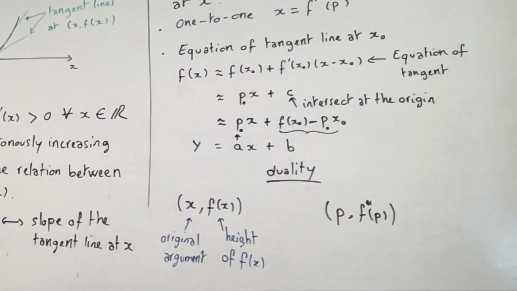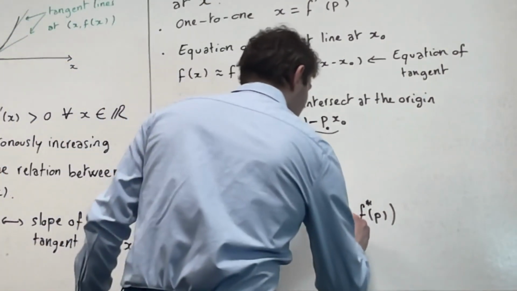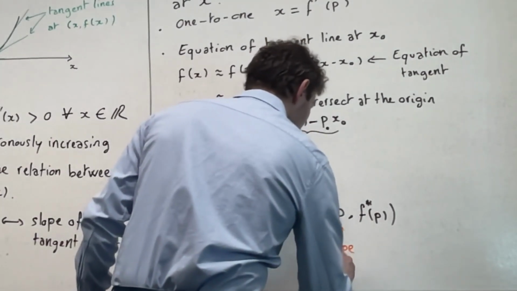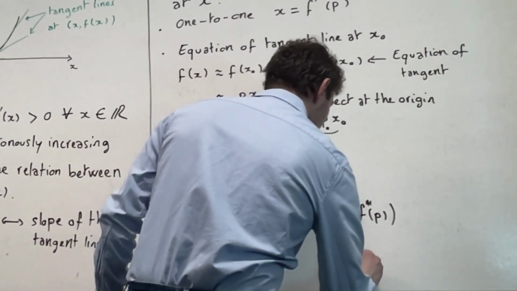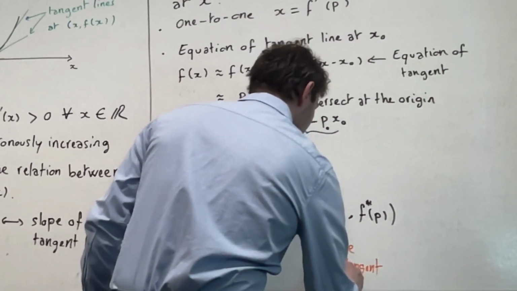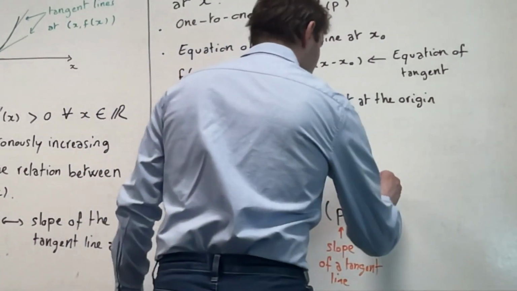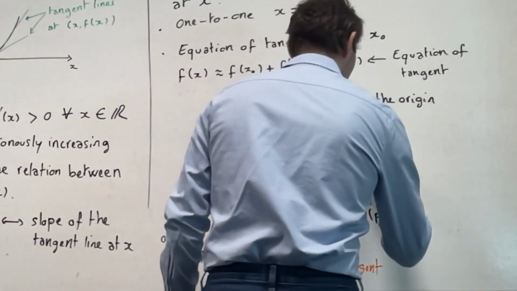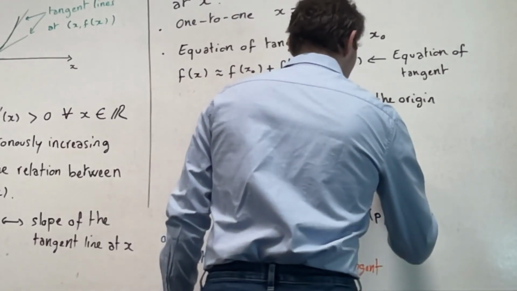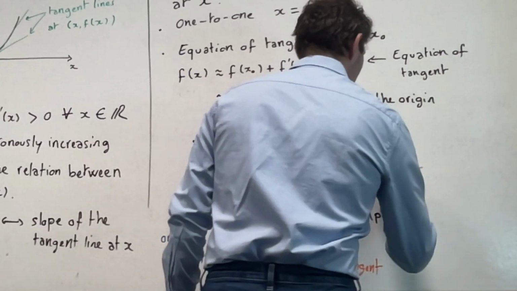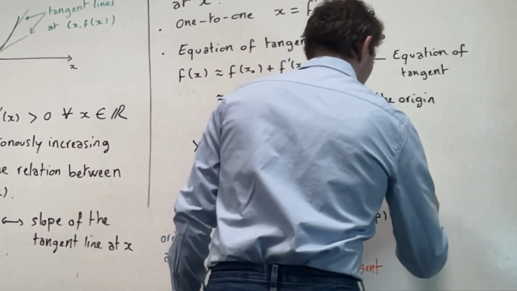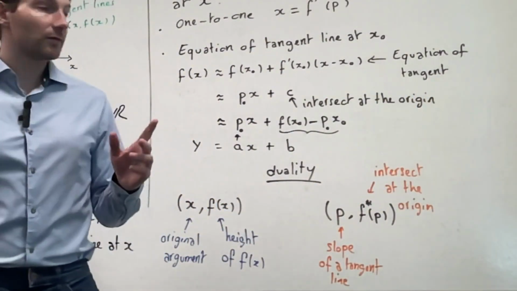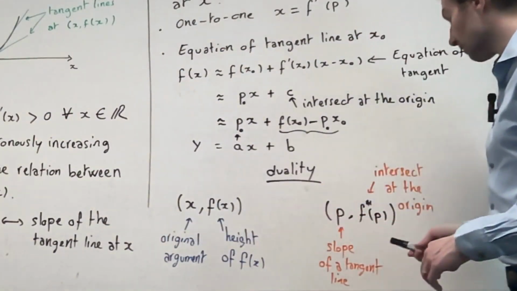And then basically this here is a slope of a tangent line. And then this slope is also uniquely related to an intersect point. And so that's the intersect at the origin. And I'm going to provide basically that's kind of the equation.